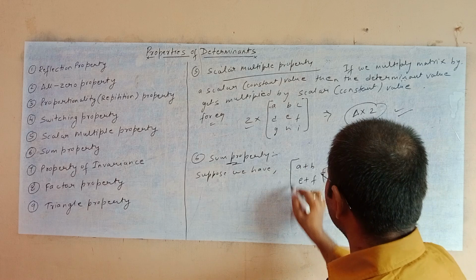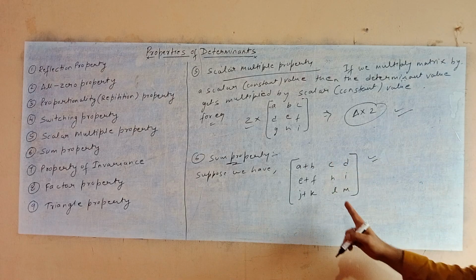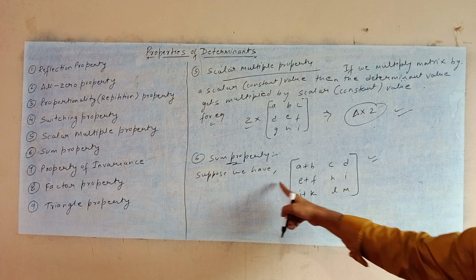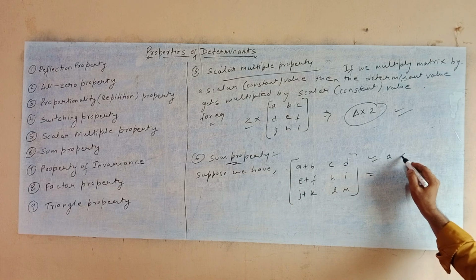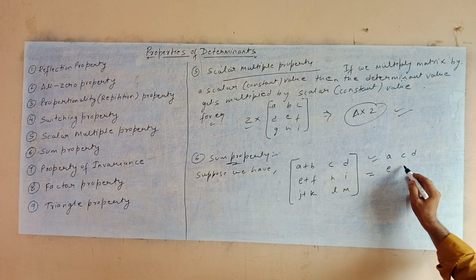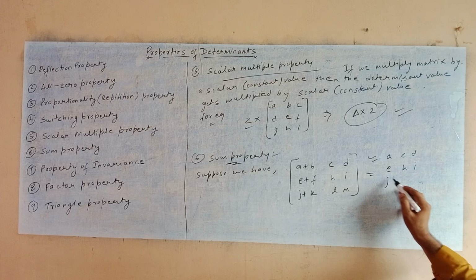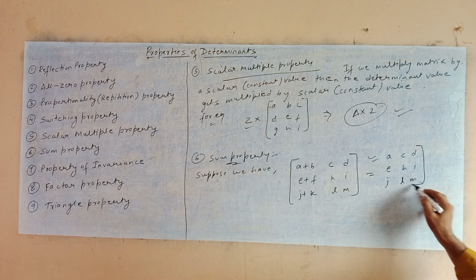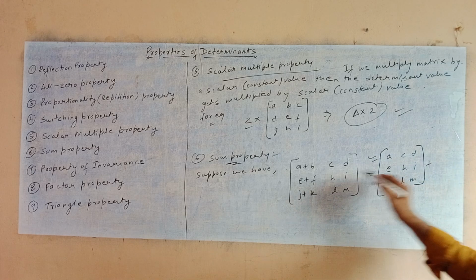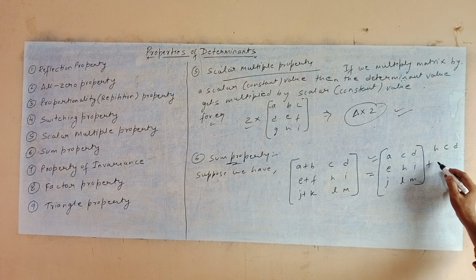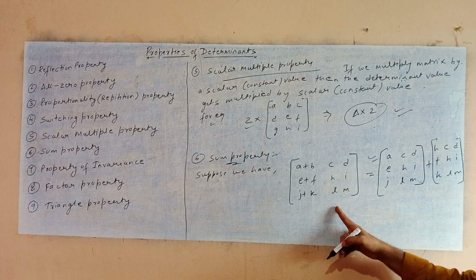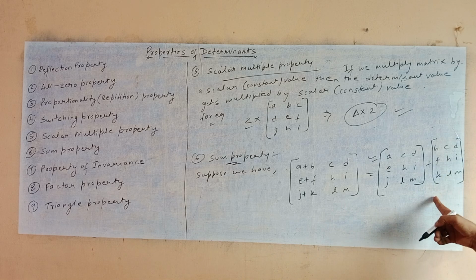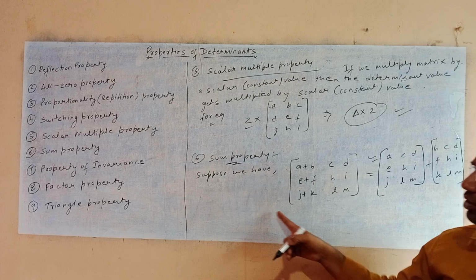Suppose we have this matrix. Now this can be written as the matrix a c d, e h i, j l m, plus the matrix b c d, f h i, k l m. So this matrix can be written as the sum of two matrices, okay.